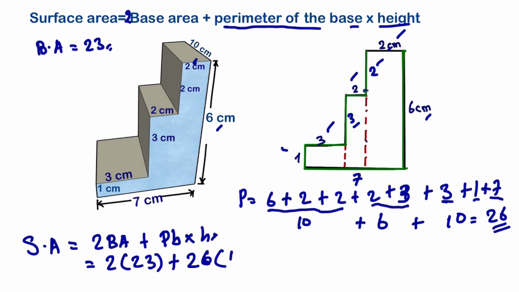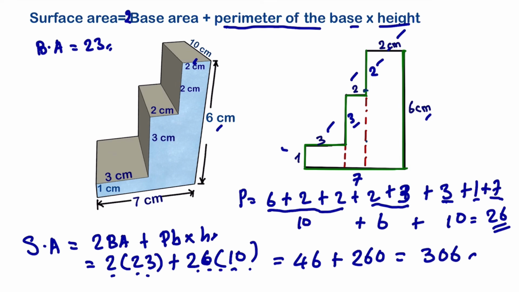The height is 10. If we multiply this, we are going to have 46 plus 260. If we add them up, we are going to have 306. So this will give us 306 centimeters square.